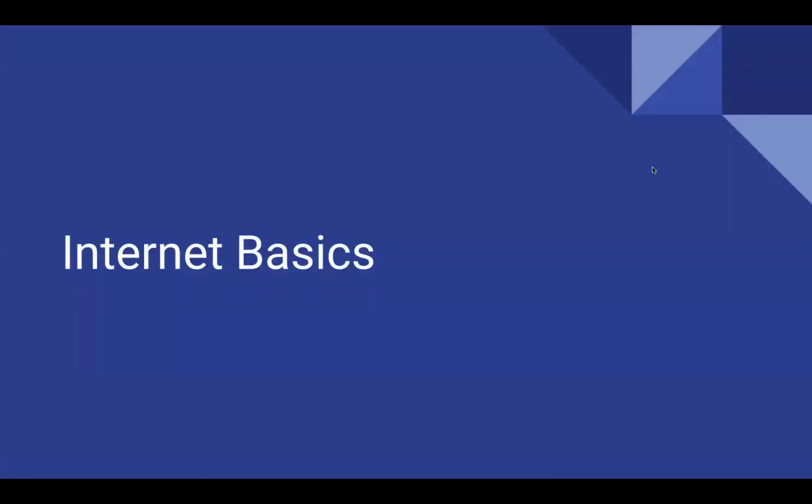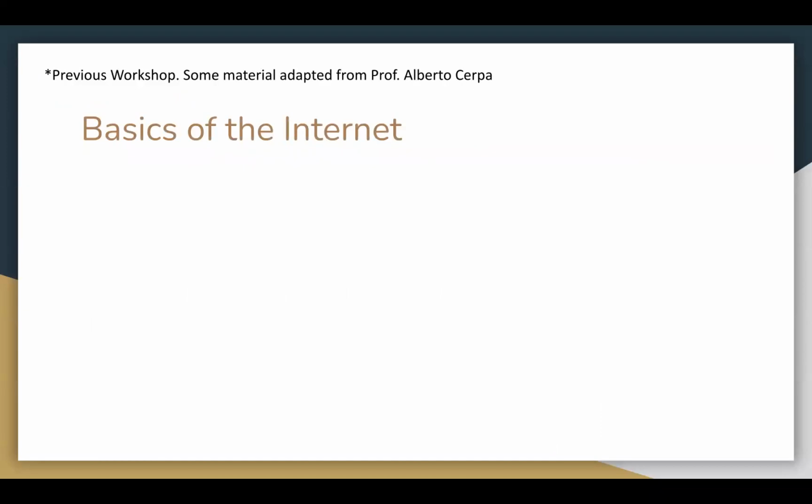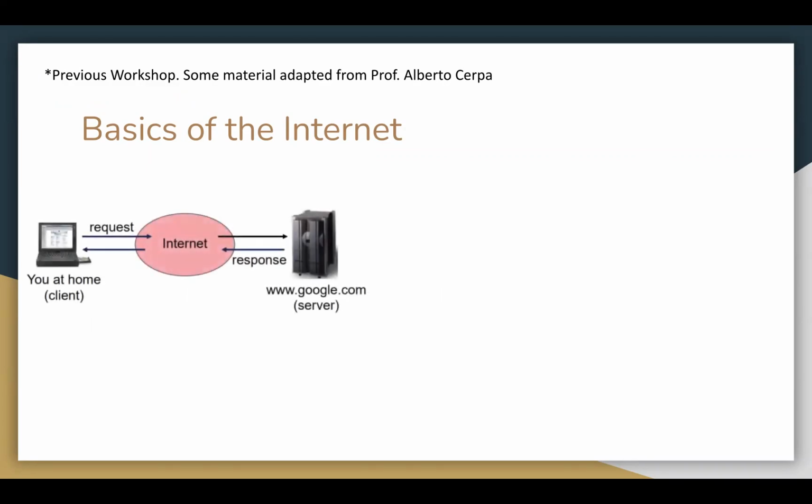So I'm going to go over just how the internet works, some basics that you should know. These slides are from a previous workshop, but I'm going to go over them again. So basically, you're sitting at home. You're known as the client, and you send some sort of request for a website such as Google.com.